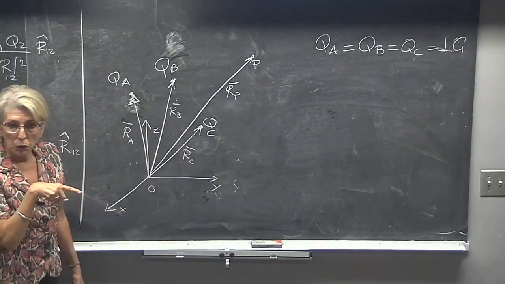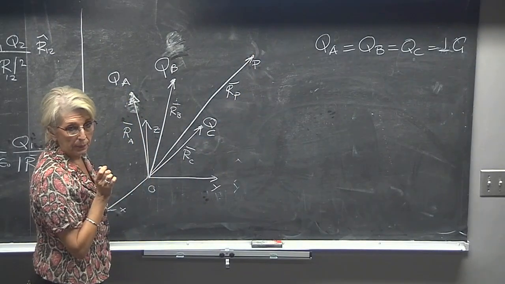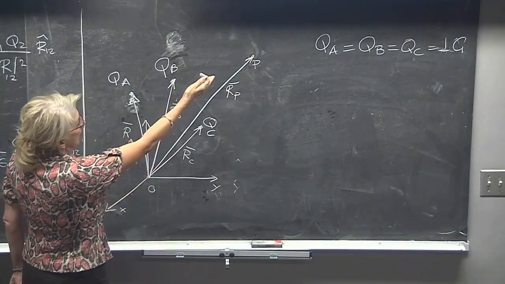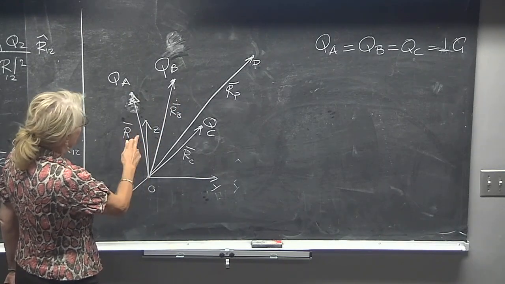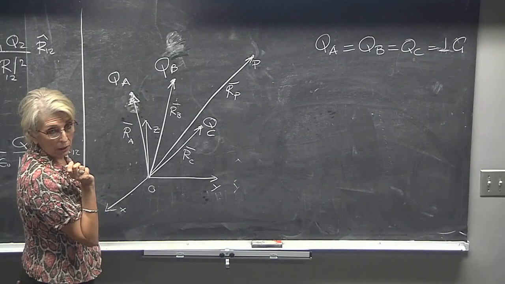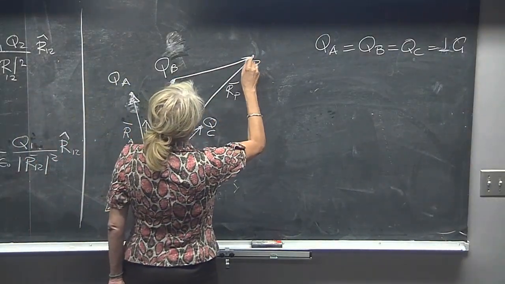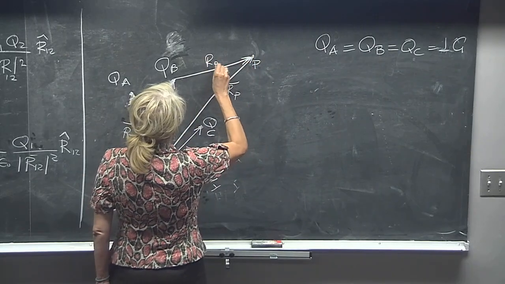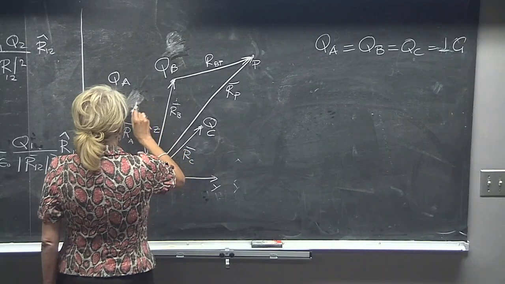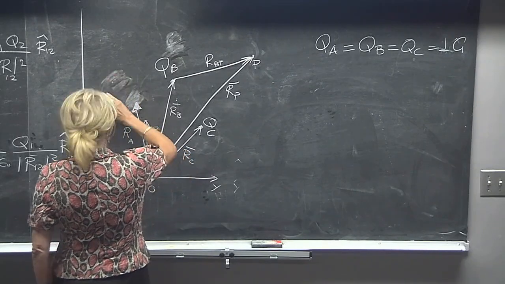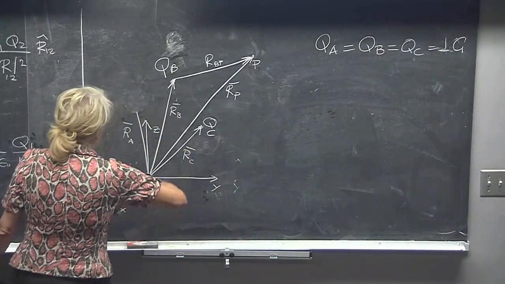Now, I still want you to find the electric field here at P. If I want to find the electric field here, I do not necessarily directly need these vectors, which are the only ones I know. I need this vector, which is RBP. I need a little lower, so the lines do not overlap here.